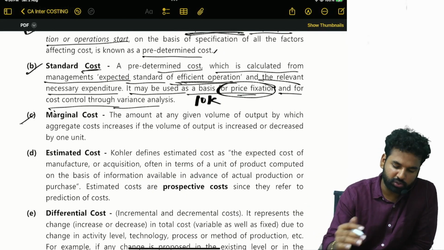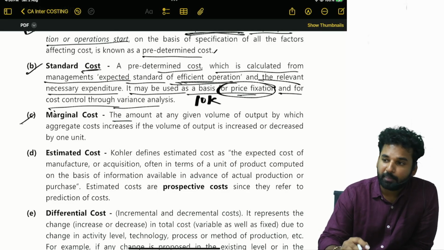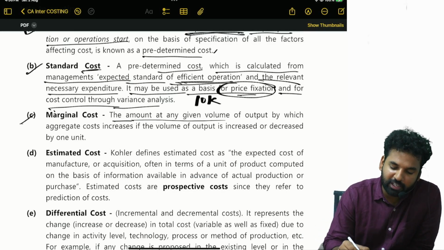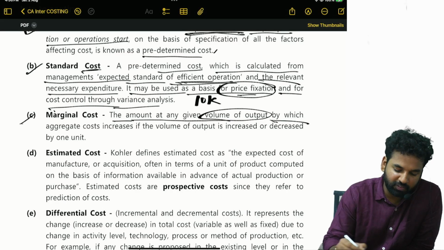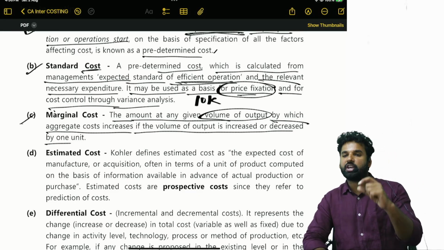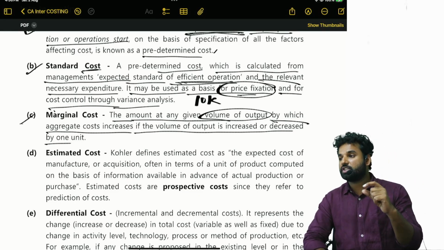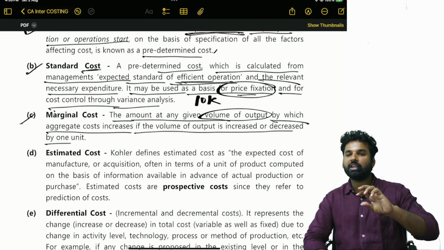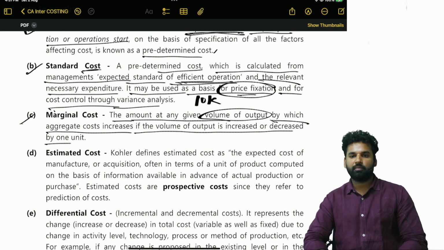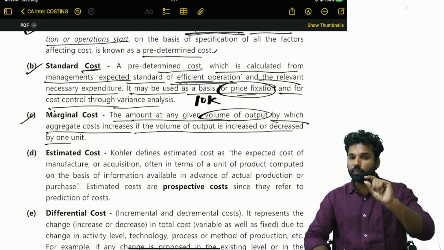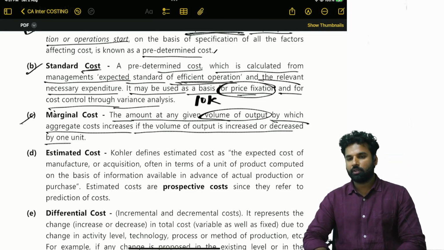Next, marginal cost. Marginal cost means the amount at any given volume of output by which aggregate cost increases if the volume of the output is increased or decreased by volume. That means if there is a change in the volume, what is the change in the cost? That is what is called marginal cost. You have to see it at per unit level.